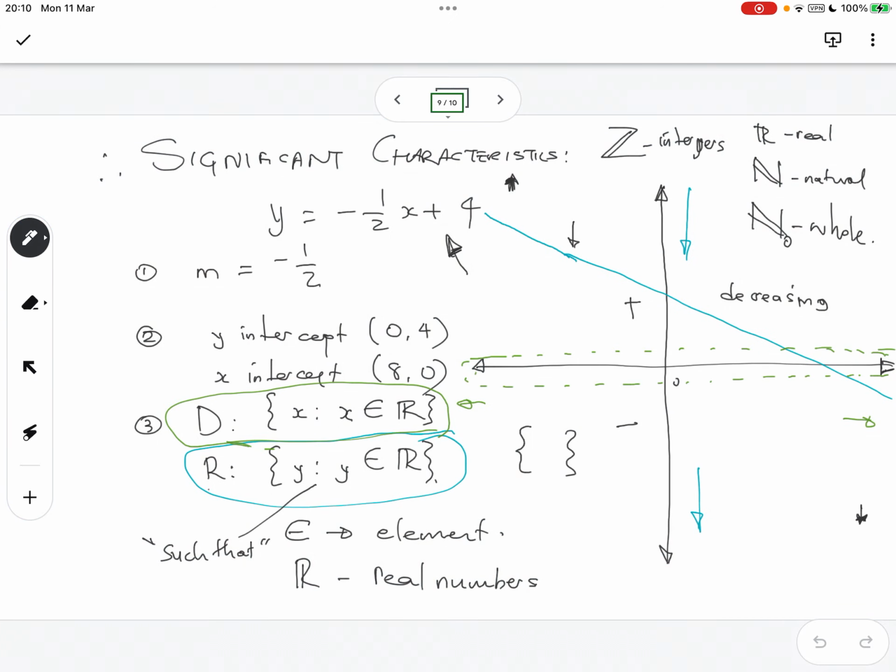You can also look at the union and the intersection. So this would be union. This would be intersection. It's all different types of notation for discussing types of sets, and it's also quite useful for discussing functions.